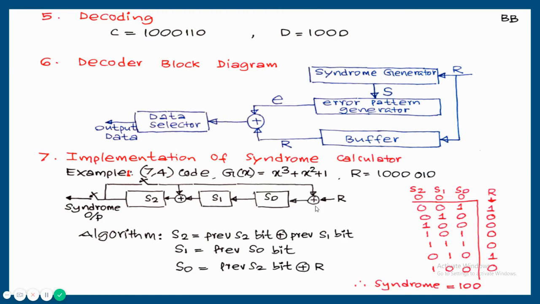Actually d should be given at the input side, but due to shifting the data bits to the left, that is n minus k equal to 3, it is shifted to the left by 3 positions: position number 1, position number 2, position number 3. That is why the data bits are given here with an XOR. In this case, there is no multiplication like that. It's only the remainder of R of x by g of x. So these R bits are not shifted to the left. R bits will be at the input side.